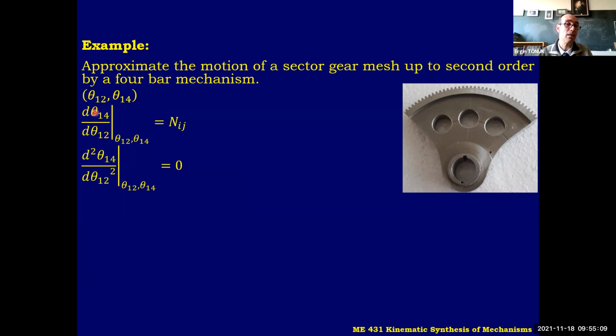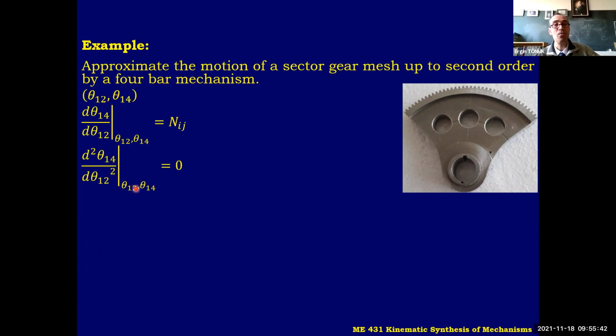And then the rate is actually the gear ratio, which is a constant. And the second rate is 0. That is, for the gear pair, when you rotate one of the gears, the change in gear ratio is 0 because that's constant, okay? So these are your design values at this point, okay?